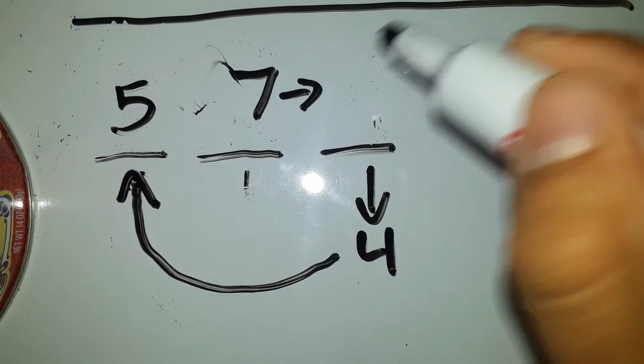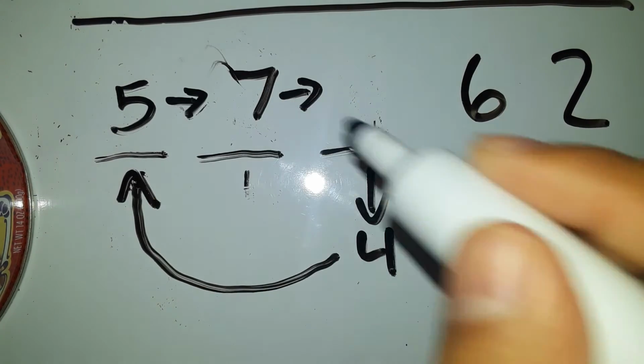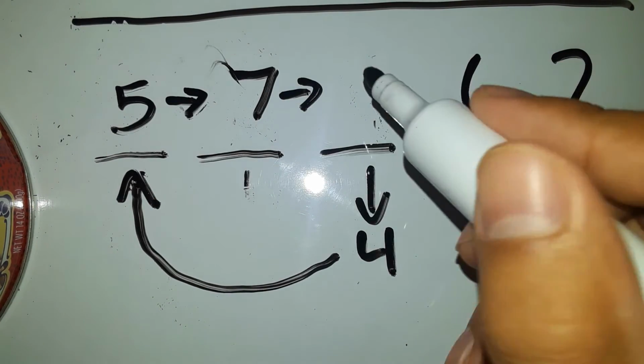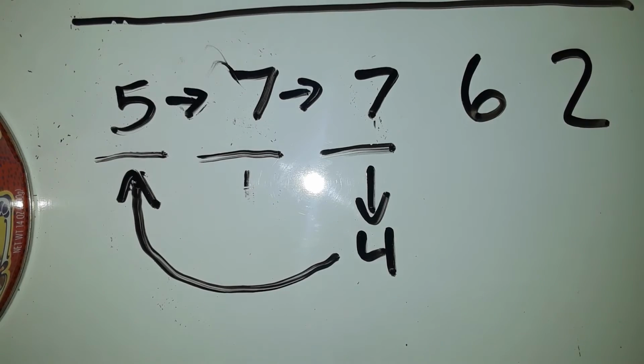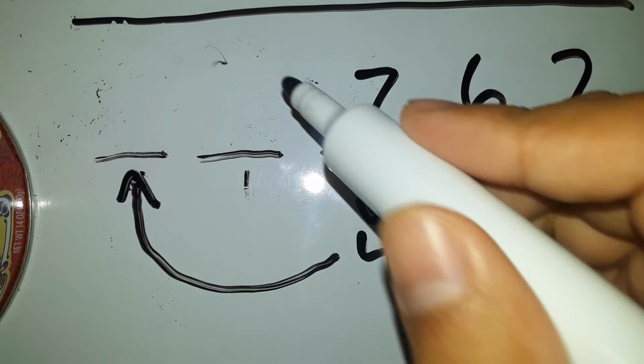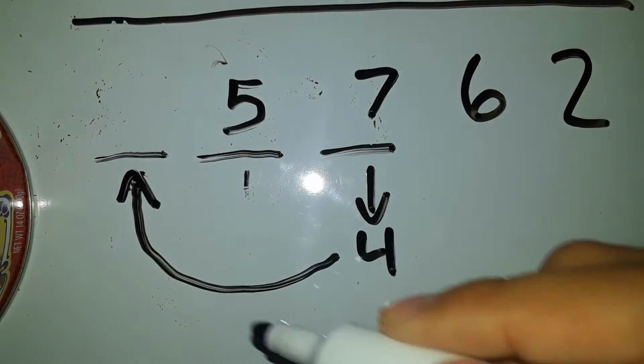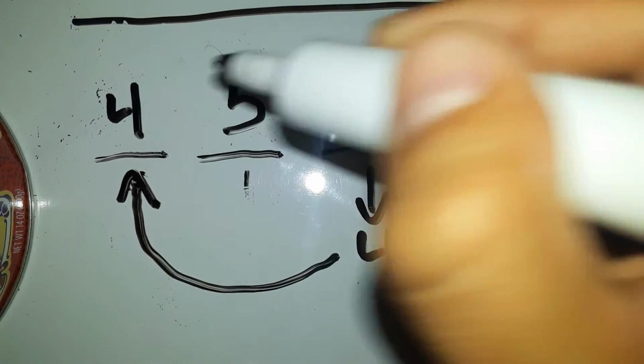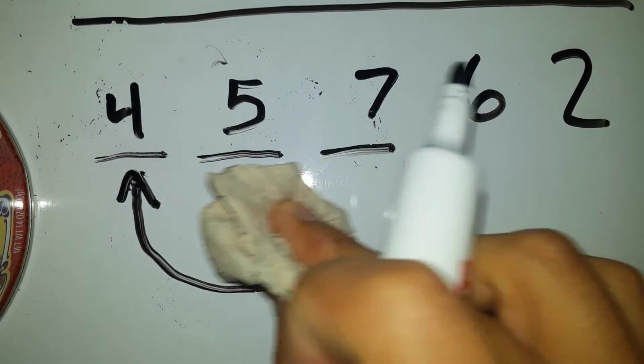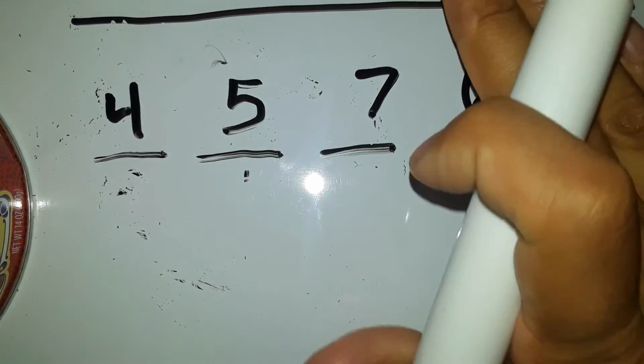The 7 is going to shift this way, and the 5 is also going to shift this way. The 7 goes here, and the 5 will go here. And then we can insert the 4 into this location right here.